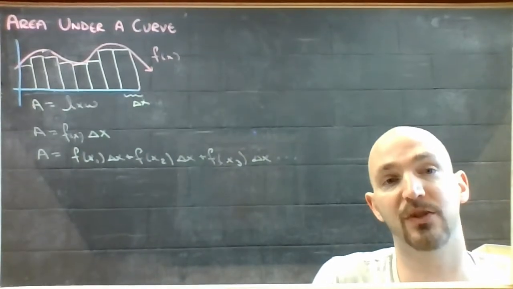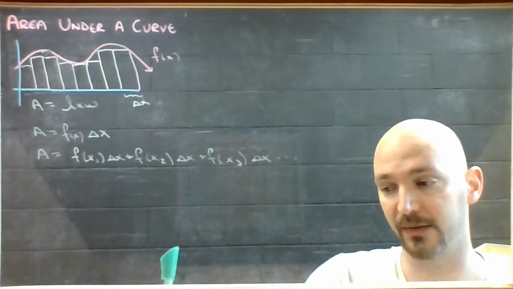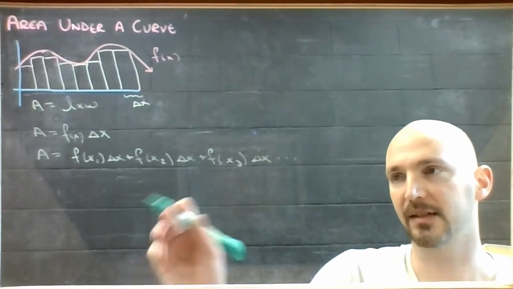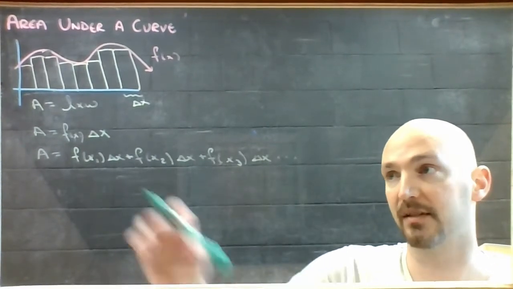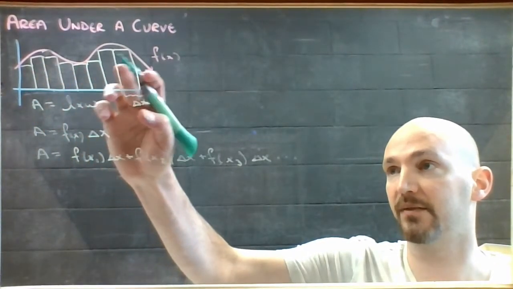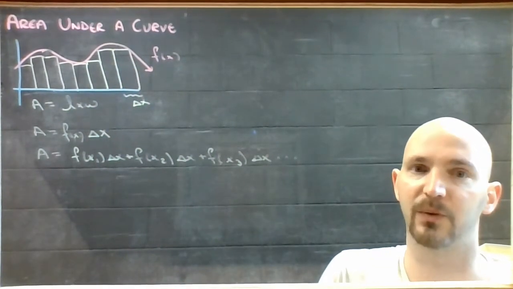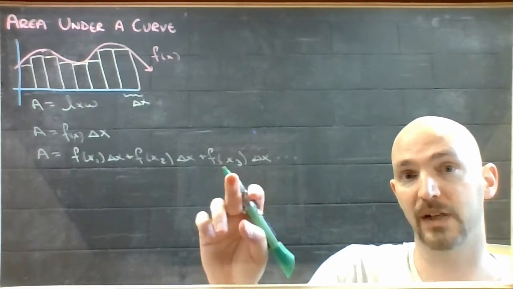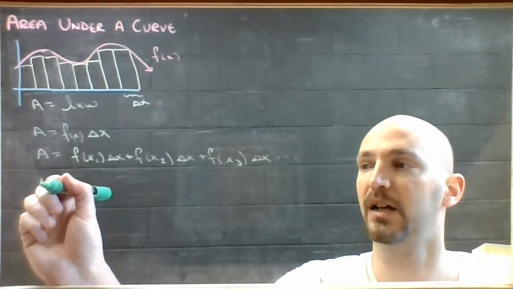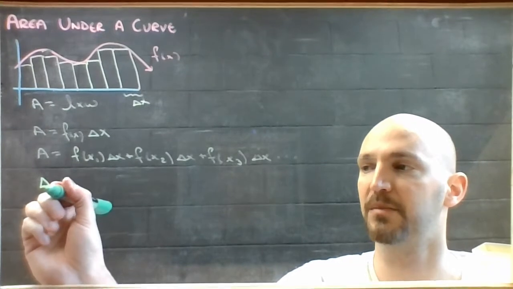And I'm going to have to do an area for each of those rectangles. Now that's a bit tedious because I have 1, 2, 3, 4, 5, 6, 7, 8 rectangles I have to write, and I'm already tired of writing it after only the third. So I'm going to shortcut this notation by using sigma.